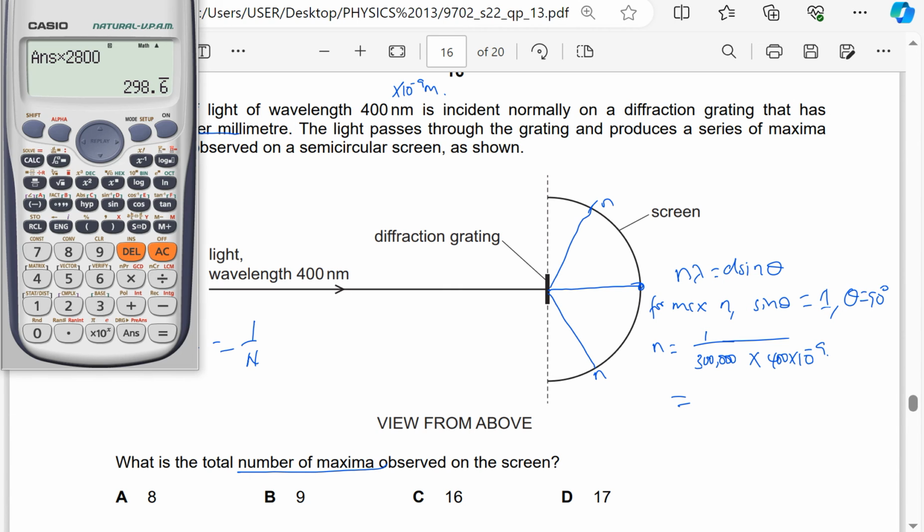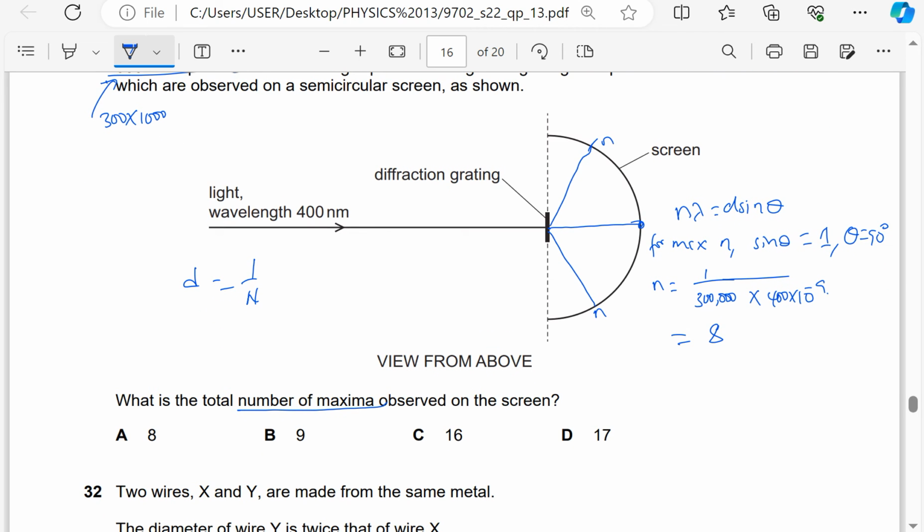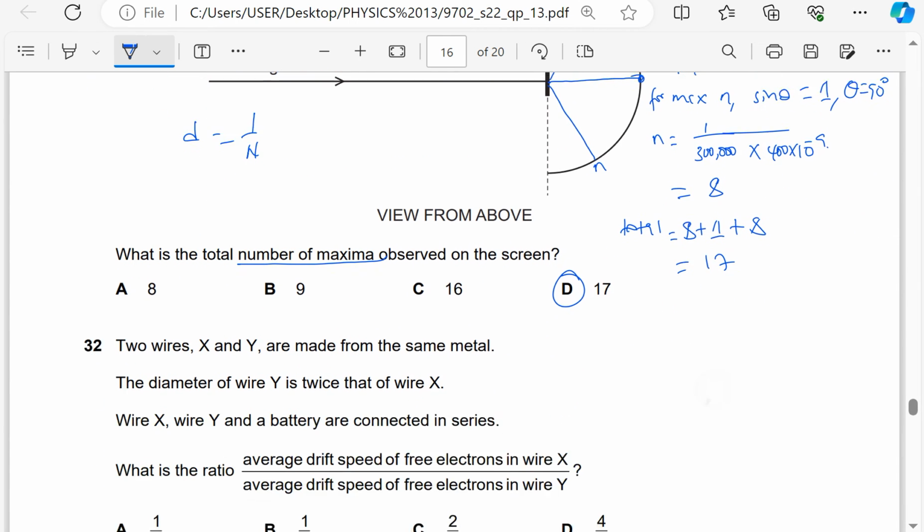So this is going to be 300,000 times 400 exponent minus 9, then 1 divided by the answer, which is 8.33. So we round off to the smallest whole number, which is 8. So we have 8 above plus the central bright fringe plus 8 below, which is going to give us 17. So our answer is going to be D.